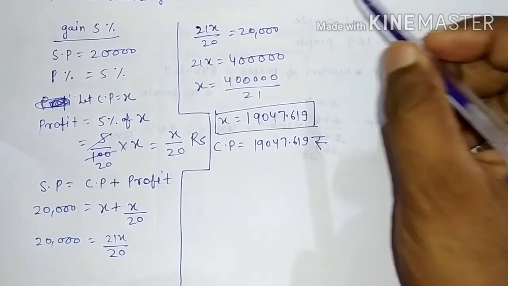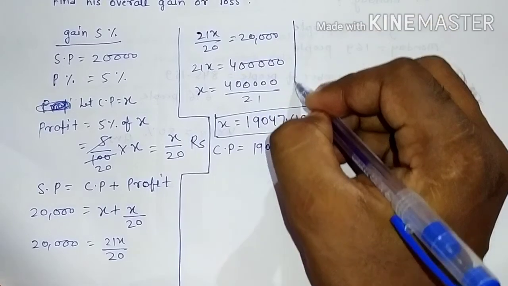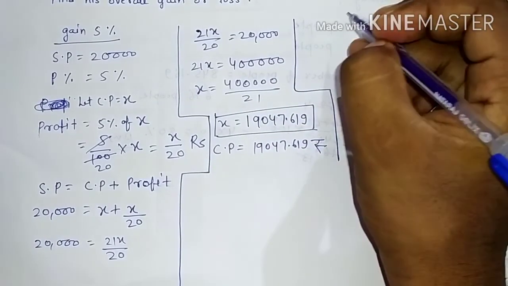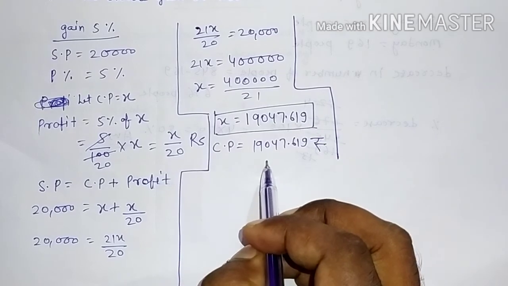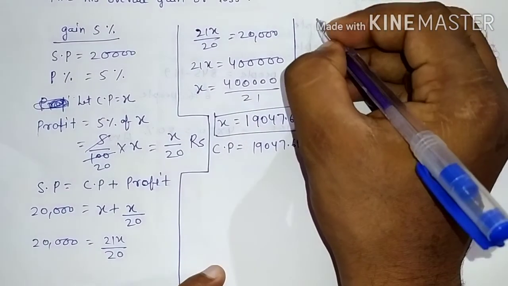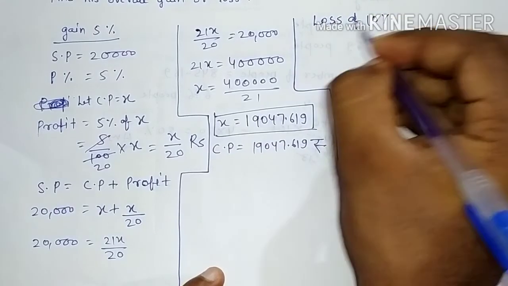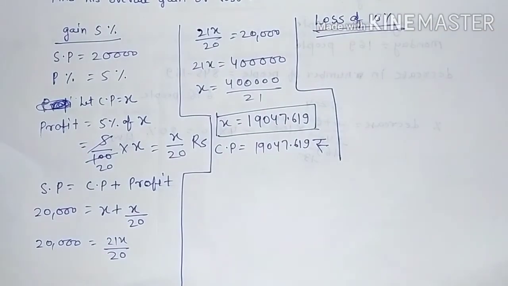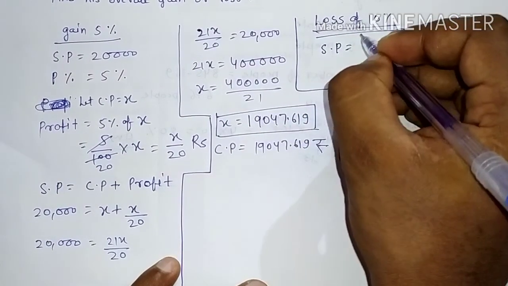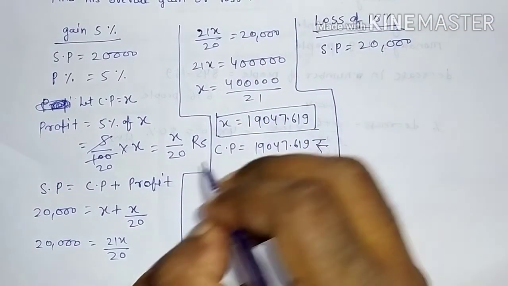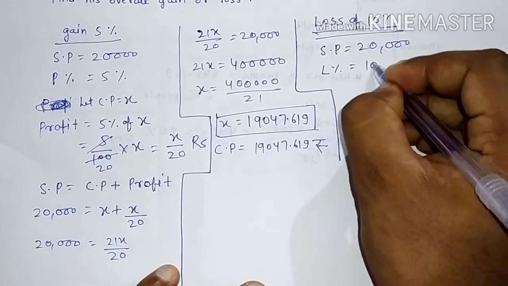Now on the other, the loss of 10%. So the CP of one buffalo is this, and just talk about the loss of 10%. Again, SP of one buffalo is given 20,000 and here the loss is 10%, that means loss percent is given 10%.